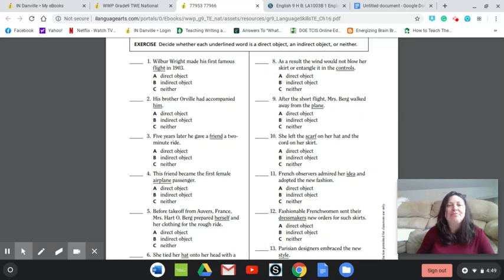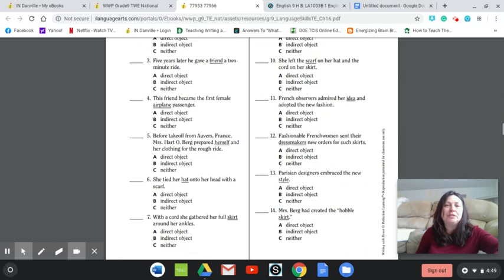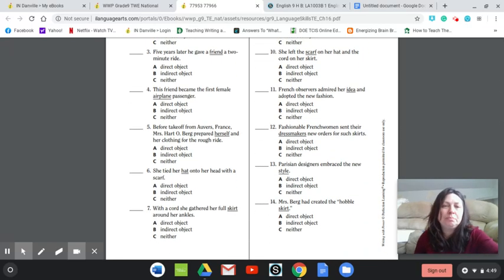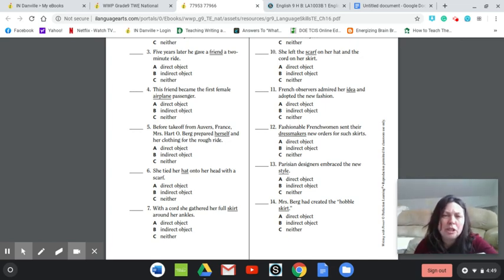All right. Before takeoff from Alvers, France, Mrs. Hart-Oberg prepared herself and her clothing for the rough ride. Prepared what or whom? Herself. She prepared herself. So it's actually a direct object. A, direct object. She tied what? Her hat. So 6 is a direct object.